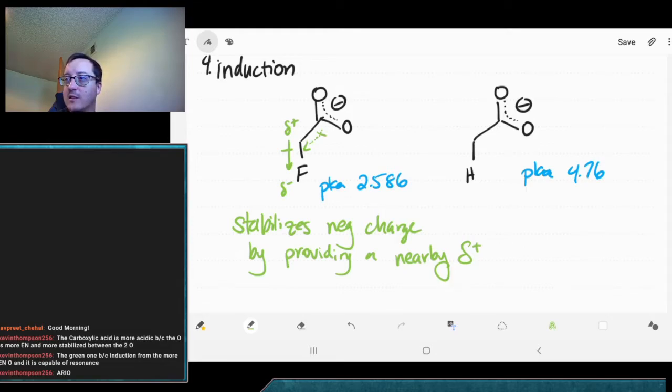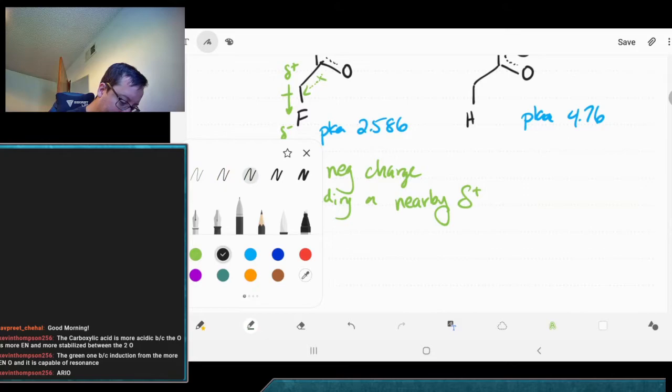We're going to look at some more in just a second. So that fluorine there, able to withdraw electron density, pulls it towards itself, helps, again, spread out the negative charge there. Helps pull stuff towards itself, so it's going to help balance things out.